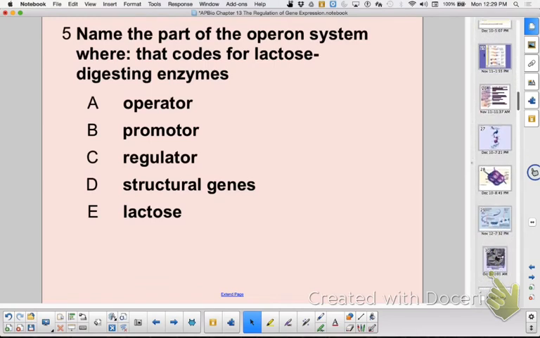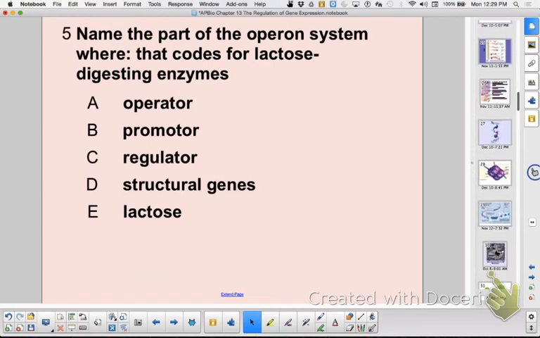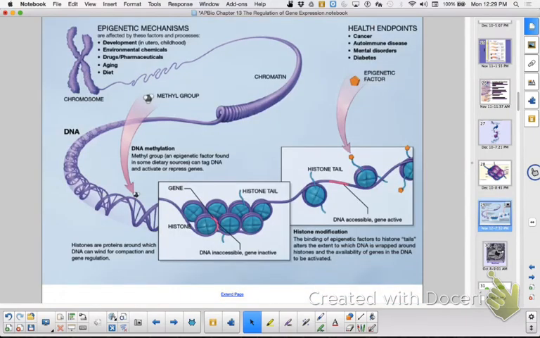All right. Then we said this is assuming we can even do transcription, that the operator is available, regulator, all of that. This is assuming we can even do that if the DNA is undoing its what? What do we call that? Supercoiling.